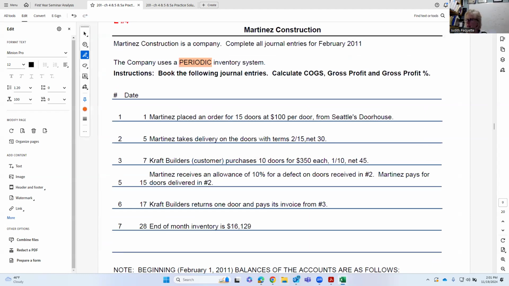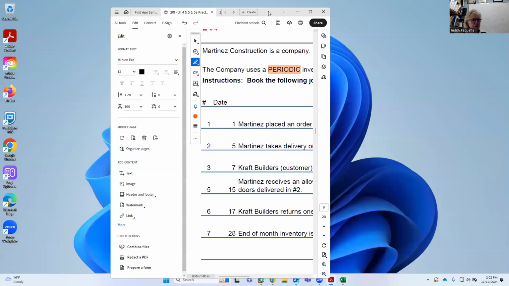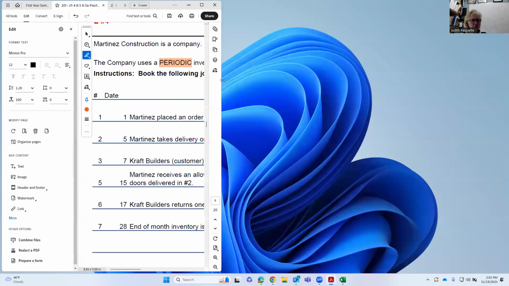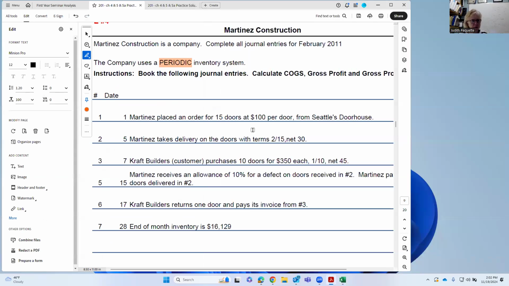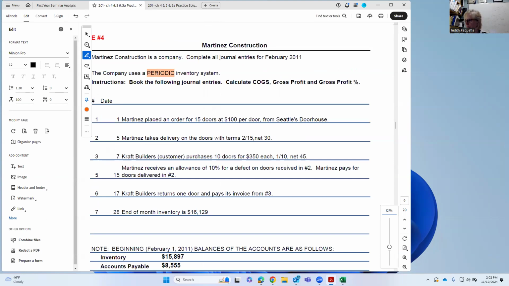All right, so what I like to do is set this up and show the T accounts. Monica, you asked about T accounts. This is not required, but it does make it a little more helpful. So I'm going to set up T accounts for purchases, purchase returns and allowances, and purchase discounts.